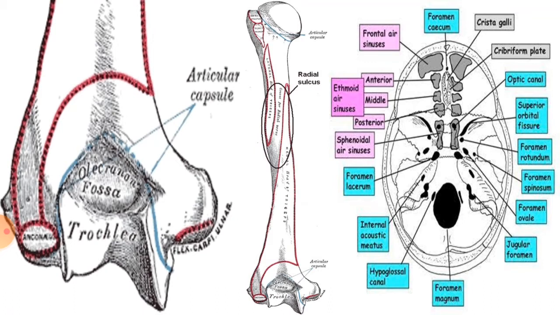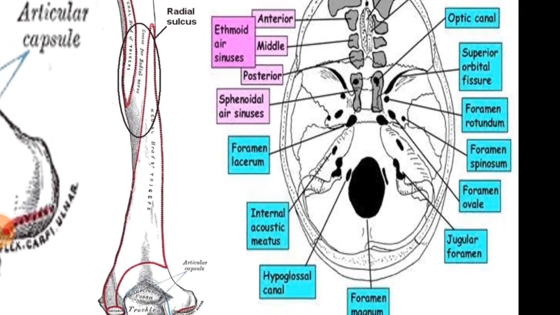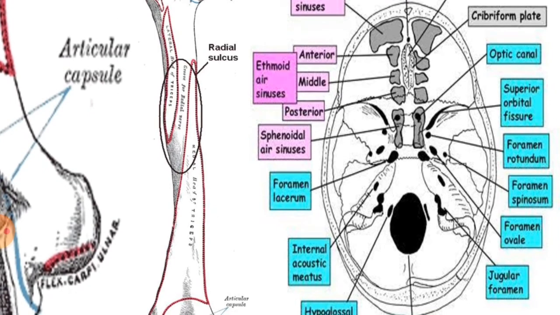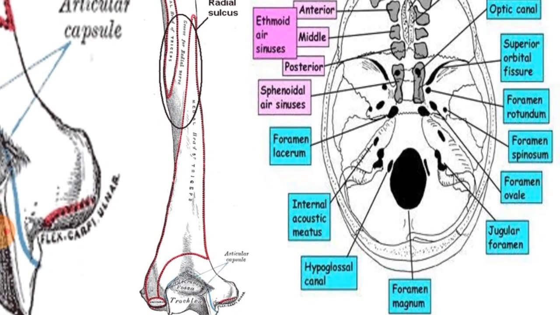Next comes the foramen, and foramen is a depression or a hole in the bone. For example, the nutrient foramen, whose examples we saw in the femur also, and there are many foramens that you can find in the base of the skull, and important structures pass from there. I have pasted this image and this is basically showing the base of the skull, and appreciate many canals and also the foramen.